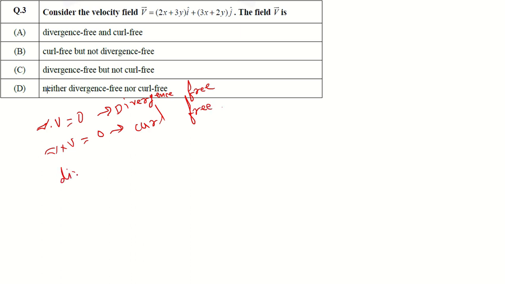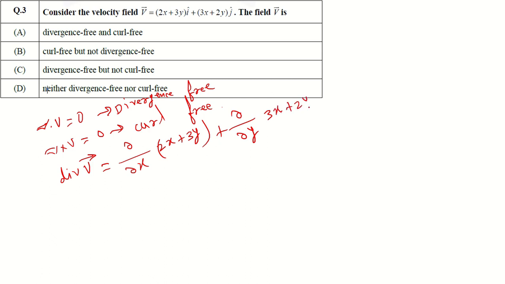Now divergence V is equal to dou by dou x of 2x plus 3y, plus dou by dou y of 3x plus 2y, plus dou by dou z of 0.